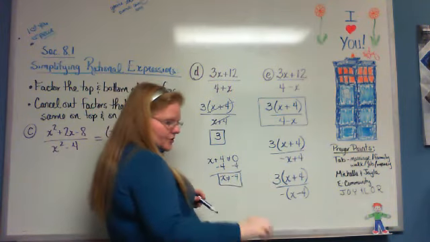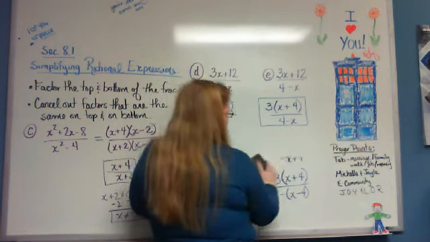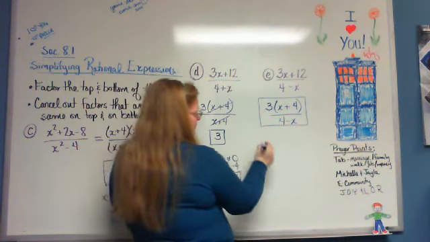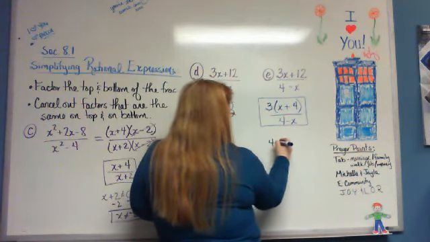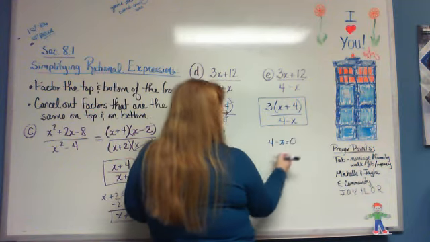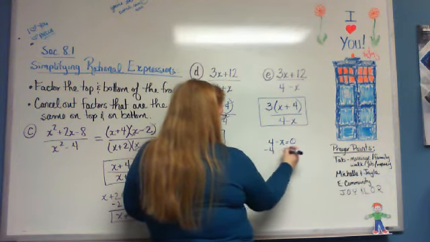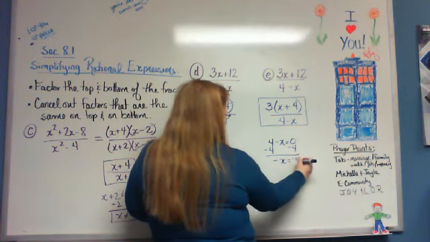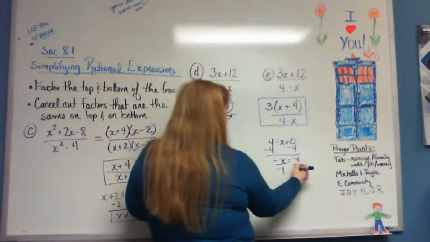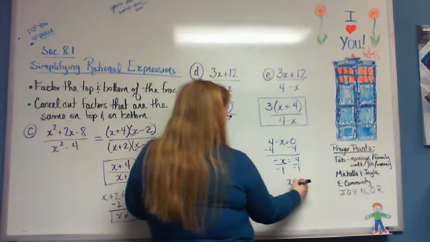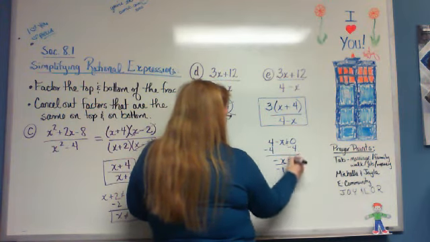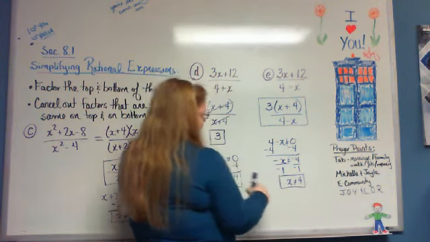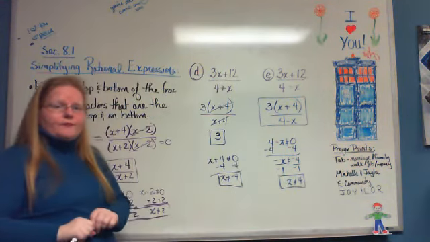For my restrictions over here, to find out what x can't be, I set the bottom equal to 0. And I solve. And I get that x cannot equal positive 4. But since there were 2 different problems, that's all okay.